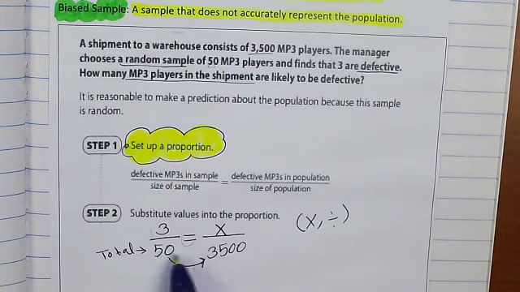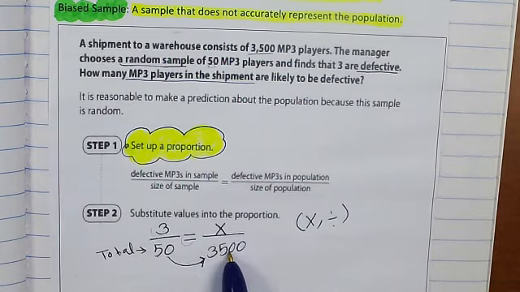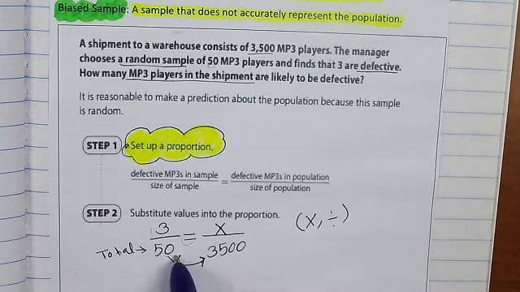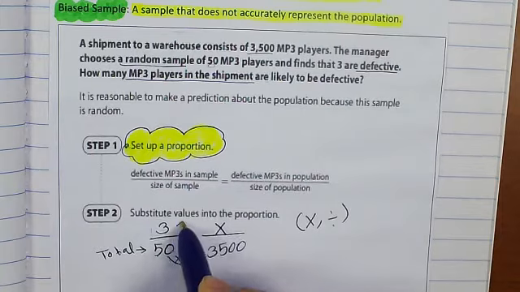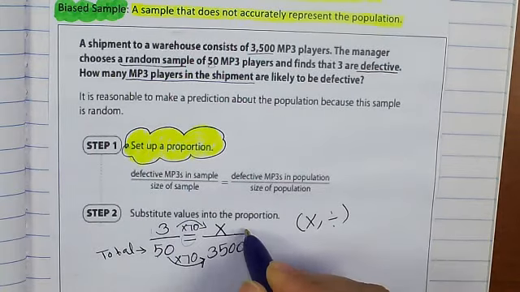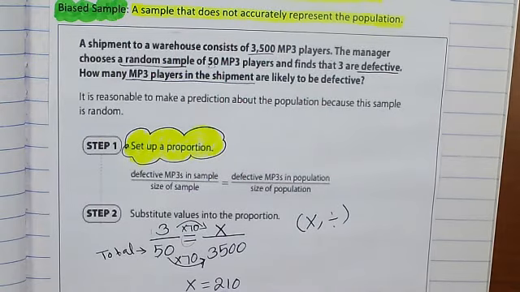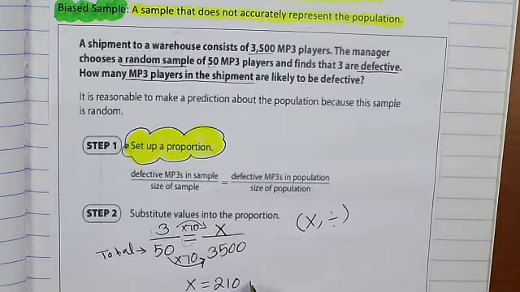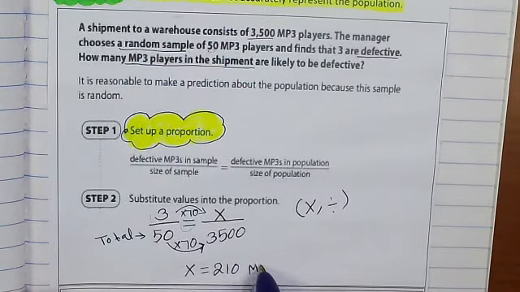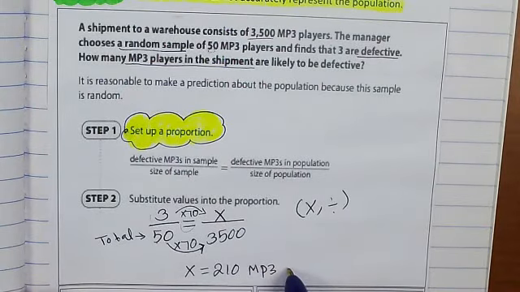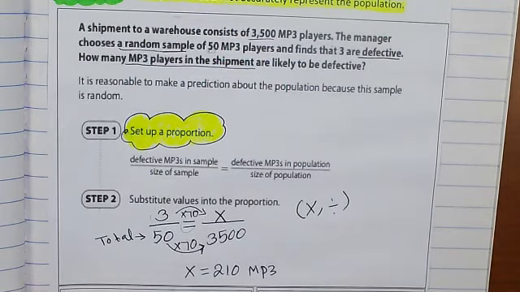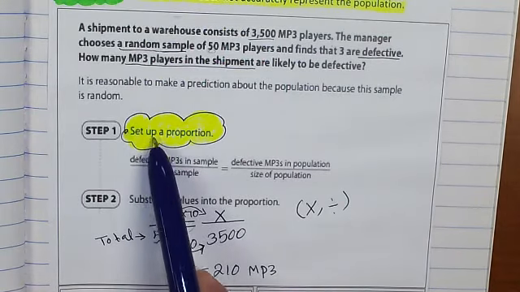If I just hide the 0 and the 0 here, I can see the 5 and 35. 5 times 7 is 35, but I have another 0, so that means it will be times 70, which means I have to multiply the 3 times 70 as well. And that will give us 210. So x will equal 210, which means we're expecting to have 210 MP3 players defective in the total shipment.